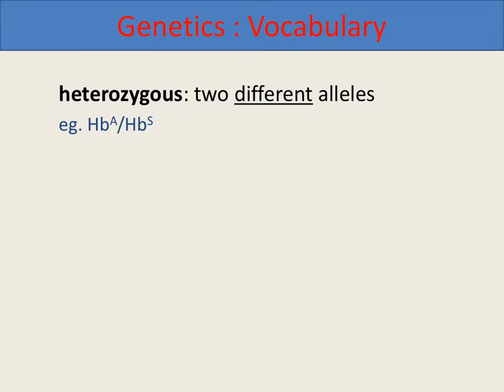So when you have two different alleles like this, HbA and HbS, this is called heterozygous. So hetero, so here we are with hetero and homozygous that you referred to before, similar. So homozygous means the same alleles. Heterozygous means that you have two different alleles.